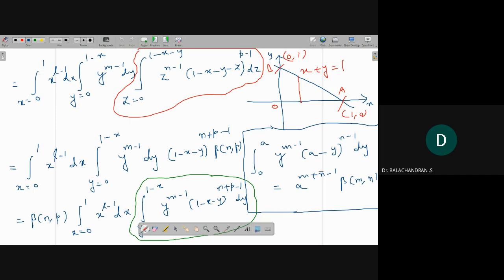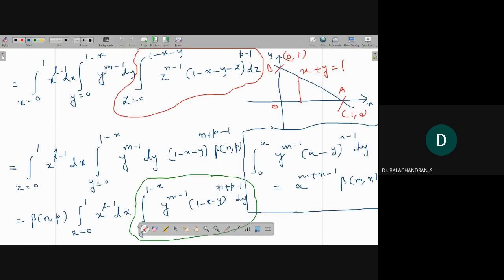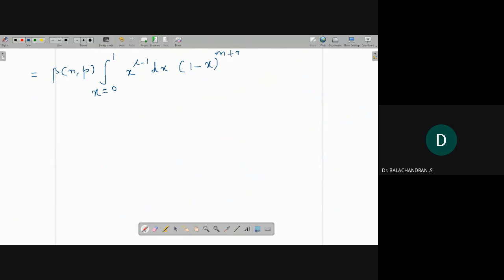Again, use this idea, where a equals 1 minus x. So (1 minus x) whole power m plus n plus p minus 1 into beta of m comma n plus p. So beta of n comma p is constant, and beta of m comma n plus p is also constant.